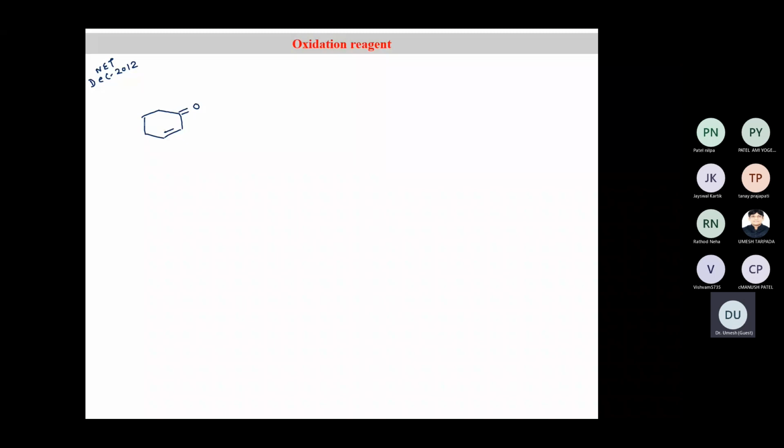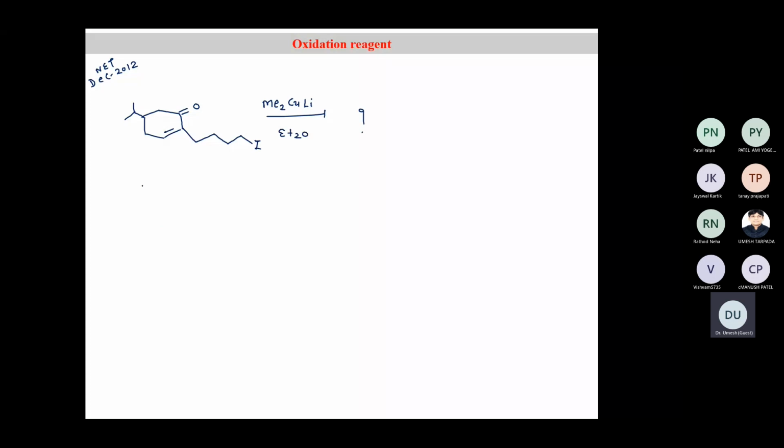We have to predict its major product. This is on reaction with CH3 twice CuLi in the presence of diethyl ether.